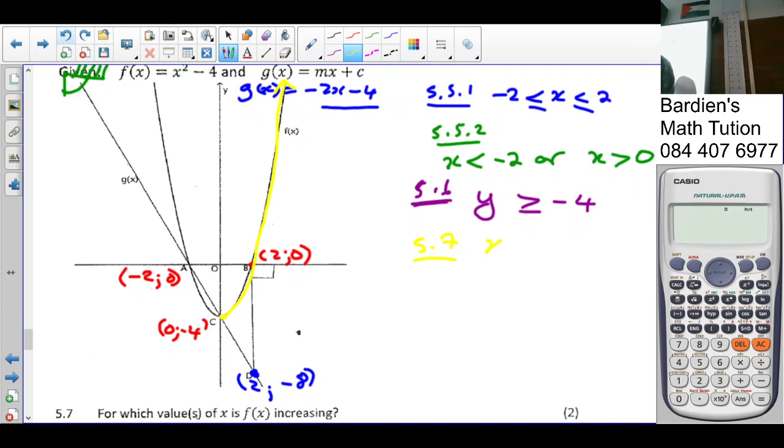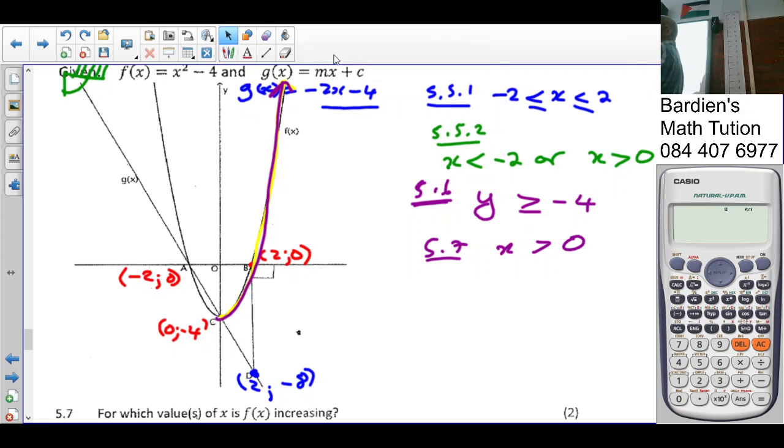So 5.7. We say x is more than 0. You agree that it's increasing there? I'm going to put the equal sign there.